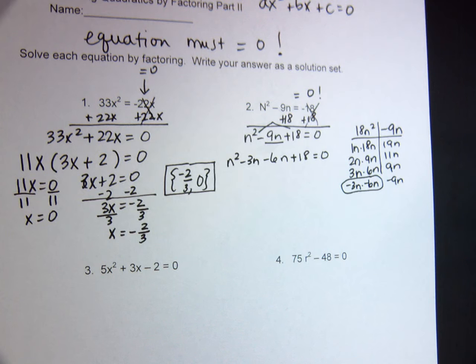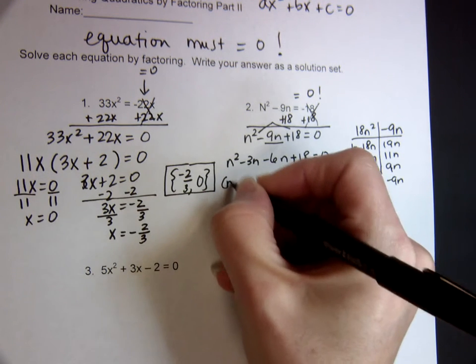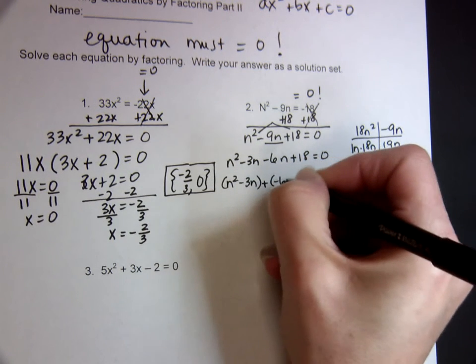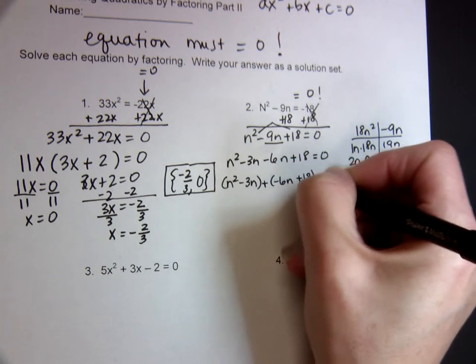All right, what's the next step in our rooftop process? No, we're actually going the opposite direction. We want to group them now. Yes, we want to group them. So n squared minus 3n plus negative 6n plus 18.